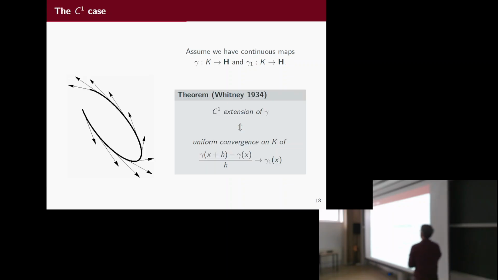Whitney told us that if you think about the simplest case, the C1 case, you have a C1 extension if and only if you have uniform convergence of the difference quotients, right? Imagine what the difference quotients should be. Starting at a point, you step forward a little bit, and you want to make sure that the point where it ended up lines up correctly with what the velocity says it should be.